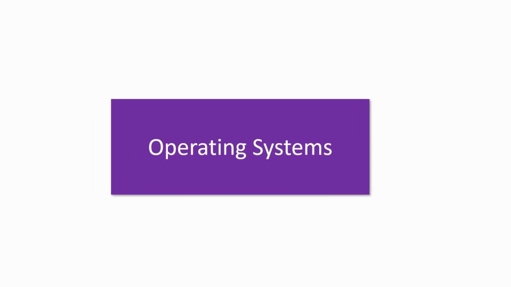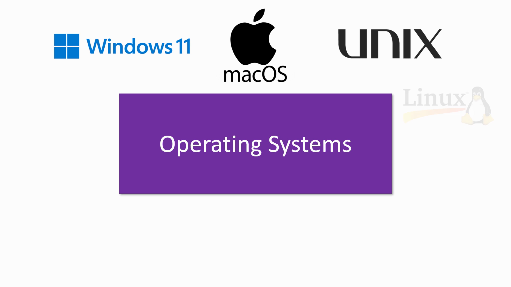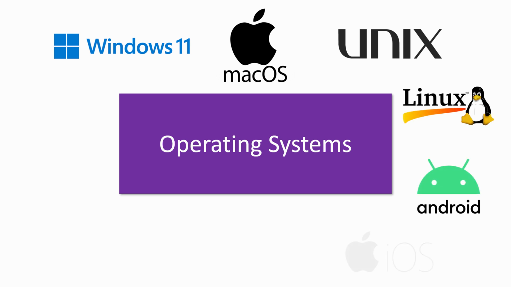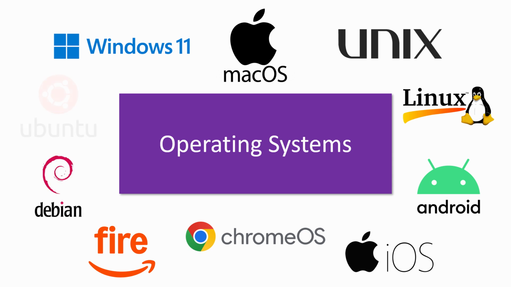Well-known operating systems include Microsoft Windows, Apple Mac OS, Unix, Linux, Google Android, Apple iOS, Google Chrome OS, Amazon Fire, and many more. Every computer system, including phones, tablets, gaming consoles, and all manner of smart devices, has an operating system.